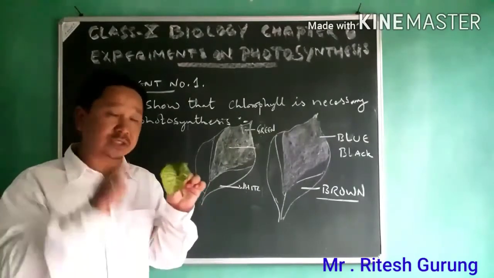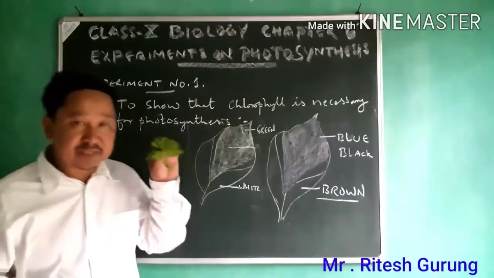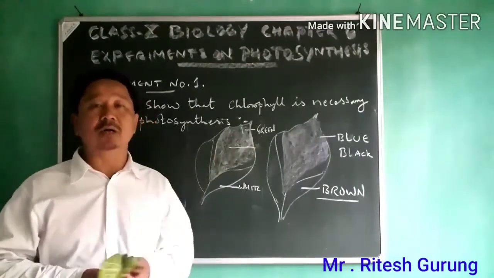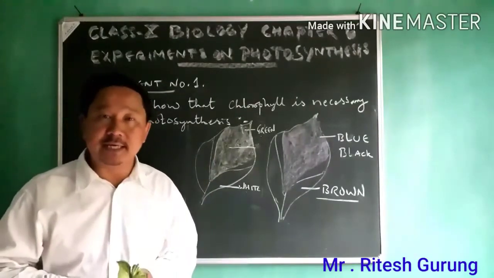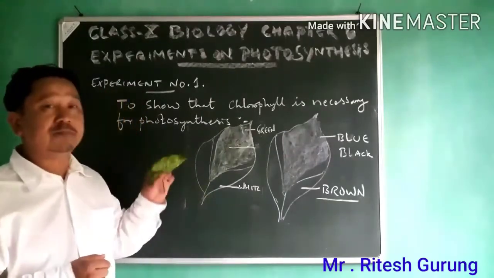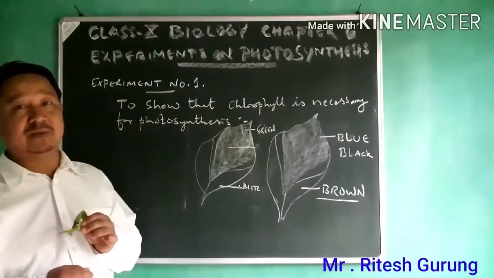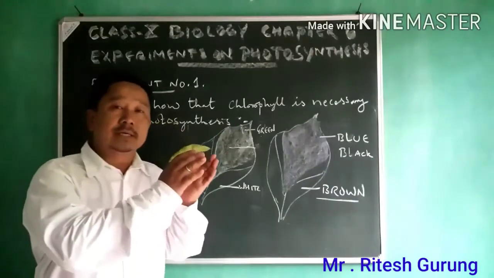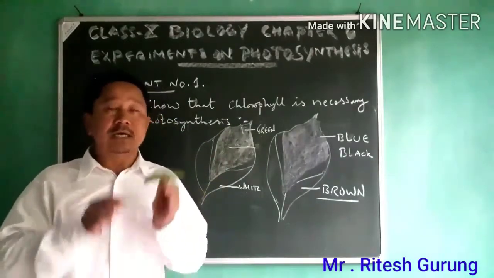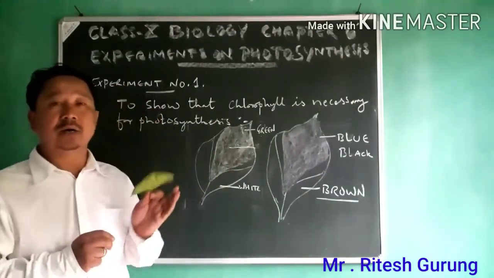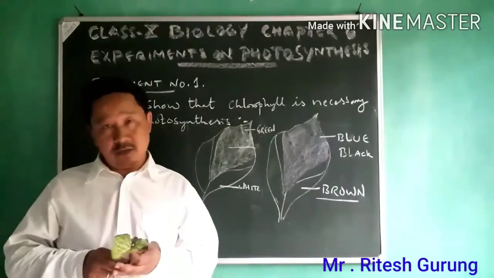Those plants which contain leaves like this are called variegated plants. So consider a variegated plant for this experiment and keep this plant in a dark place for 1 or 2 days for discharging purpose.